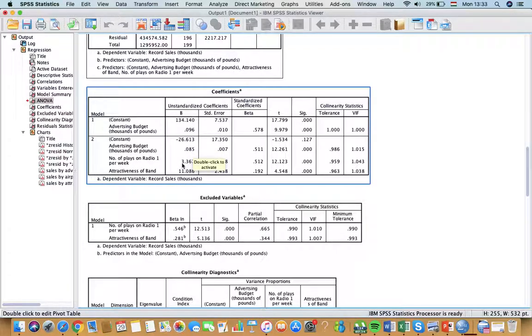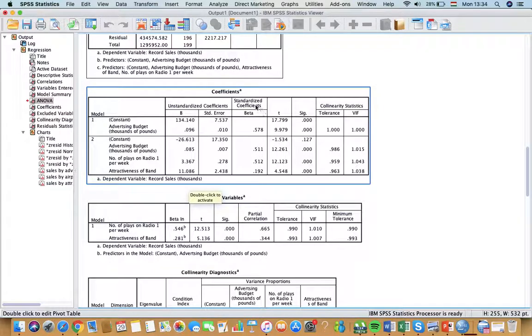Every additional play on Radio 1 means 3,367 new sales. And if you increase the attractiveness of the band by 1 unit, that means 11,086 extra sales.